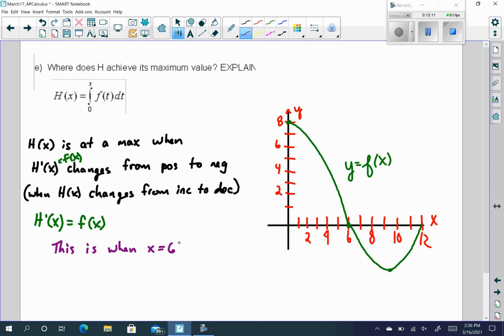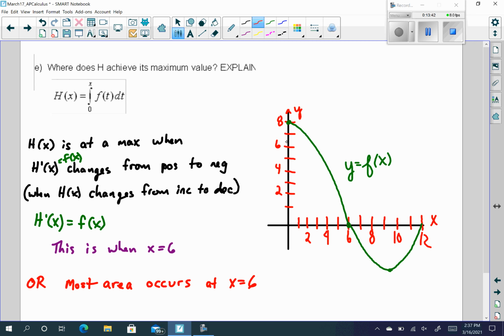Another way to look at this is in terms of area. But I like the first way because that matches the majority of what we were looking at throughout chapter 4. Or we could say h of x is at a max based on the most area here. So the greatest area that we can attain here occurs at x equals 6.